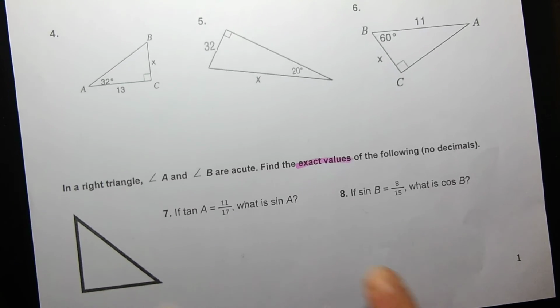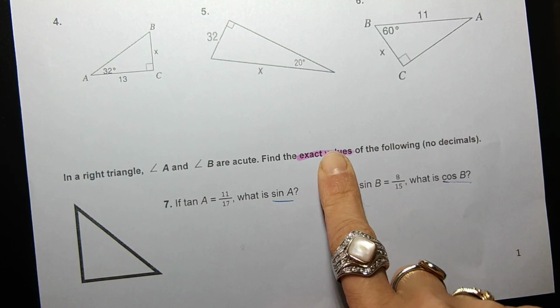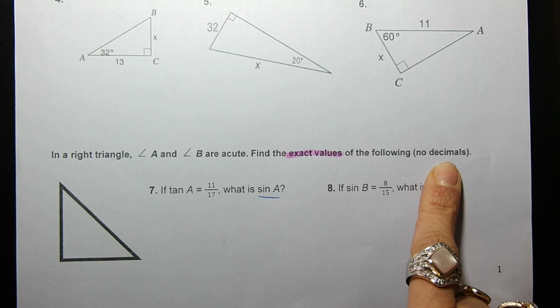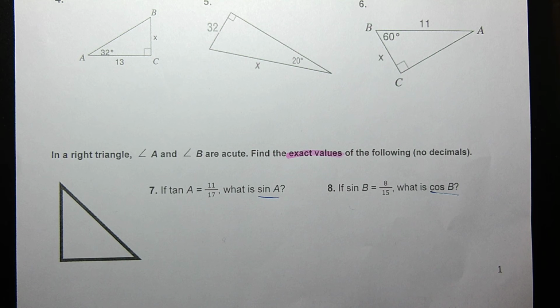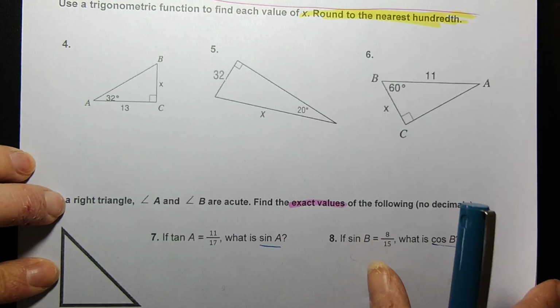On this one, you're solving for just 2 trig functions. Make sure you're using exact values for those, no decimals. So that means leave it in radical form as you are doing the Pythagorean theorem and all that fun stuff. So on 7 and 8, exact answers. The rest rounding to the hundredths.